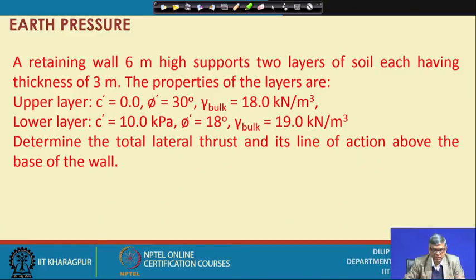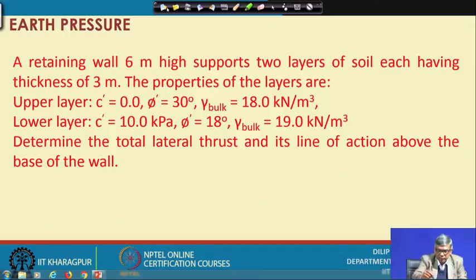The properties of the upper layer are C equal to 0, phi 30 degree, gamma bulk 18, and of the lower layer C 10, phi 18 and gamma bulk 19. Determine the total lateral thrust and its line of action above the base of the wall. So, this is a 2-layer soil. The upper soil is cohesionless and the bottom soil has cohesion. So, you have to do another layered soil problem.